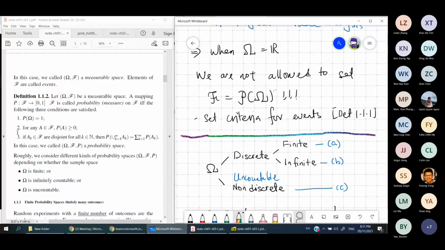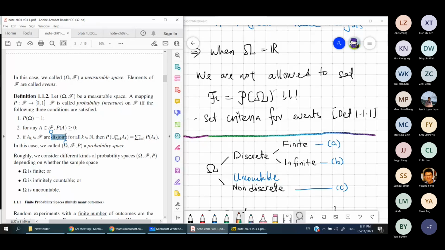Probability cannot be negative. And if we have disjoint events, the probability of the union of these disjoint events must be the sum of them. This is the criterion for a probability measure.